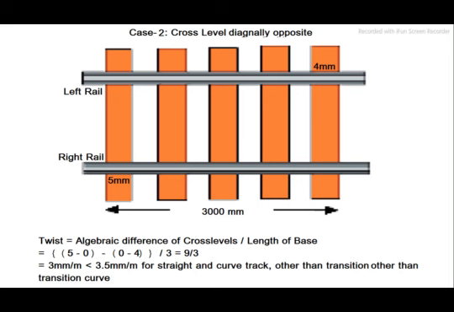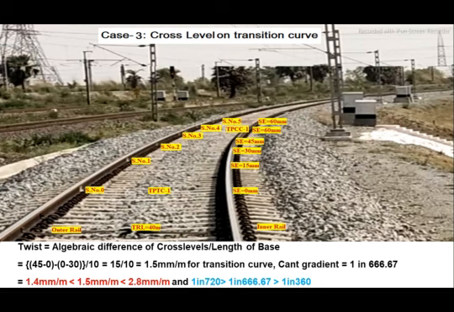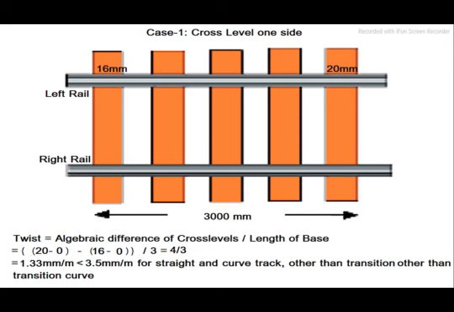The gradual change of curvature is accompanied by a gradual change in superelevation in a transition curve. The change in superelevation induces twist in the track. Again I am repeating, the change in superelevation induces twist in the track.